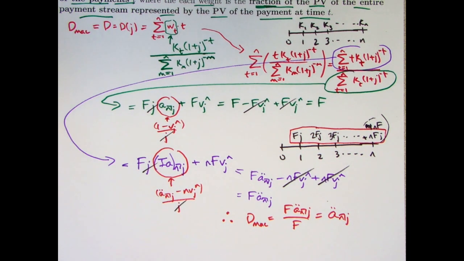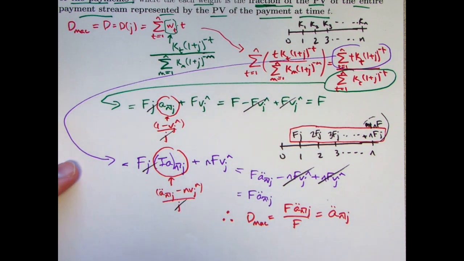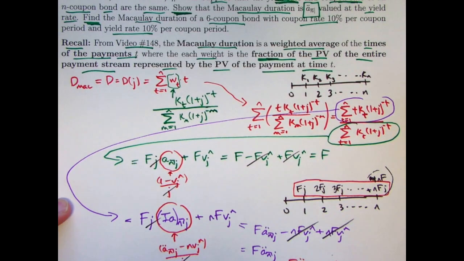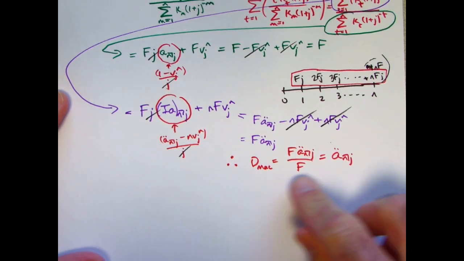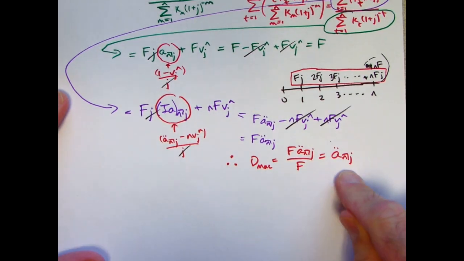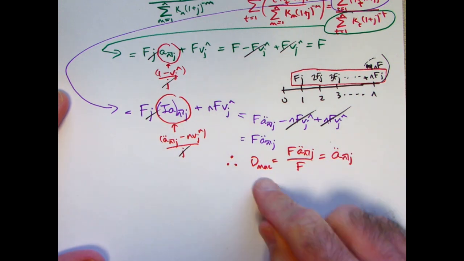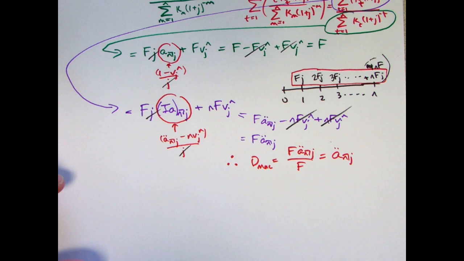An amazing fact, I think, completely unexpected in my mind that this would be true. Think about the units, though, carefully. The Macaulay duration, if the coupon period is years, say, this is in years. Numerically speaking, it equals this, which would be in dollars, for example, if the money is in dollars. But numerically, they are equal in value.